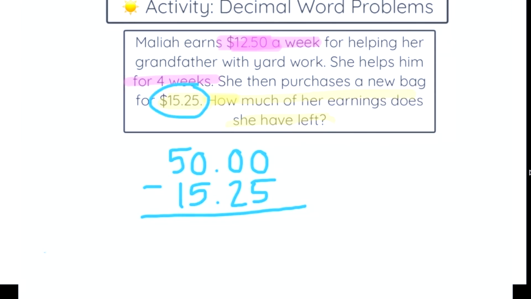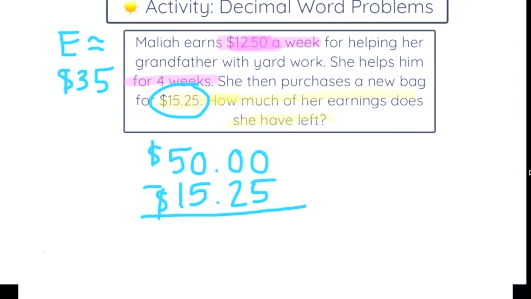So our answer reasonably should be around $35. If we subtract these two values and don't get somewhere close to 35, we know that we may have made a mistake somewhere and that our answer isn't reasonable or doesn't make sense. So I'm just going to put a reminder in the top, an estimation of $35.